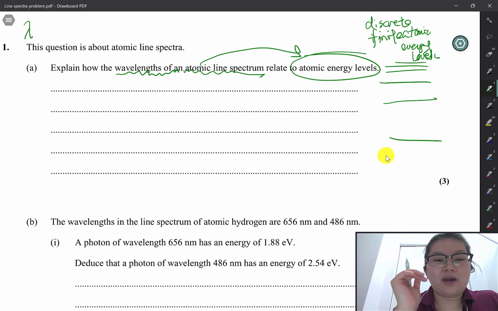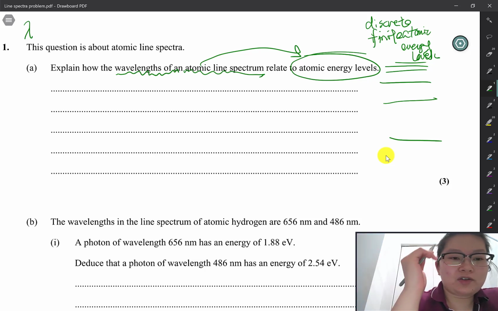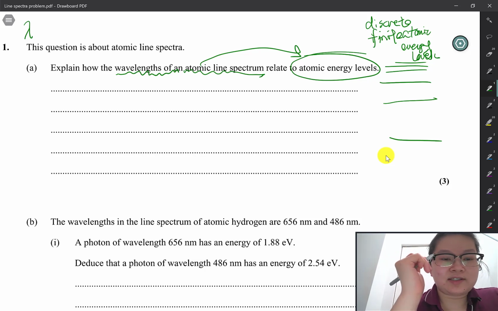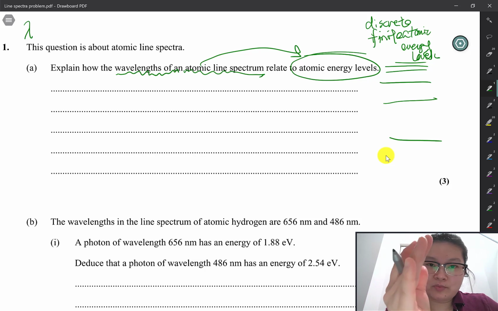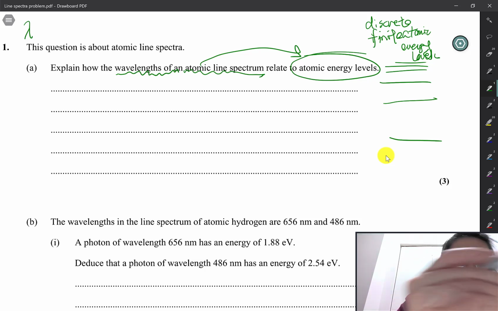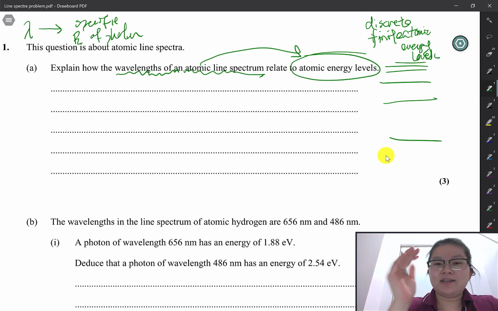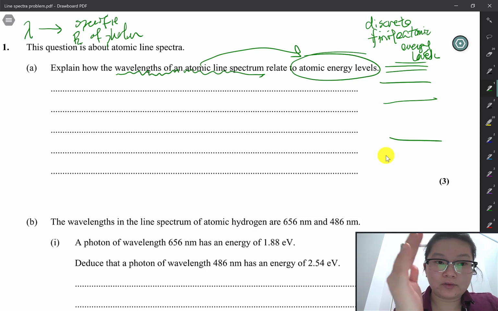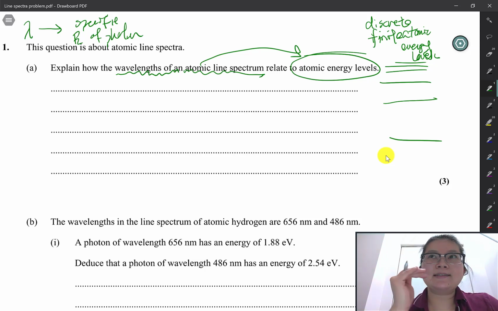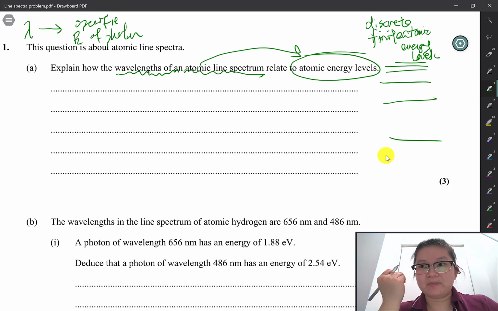So for wavelengths, how to approach this is that we know specific wavelengths correspond to specific energies of a photon. If the atomic line spectrum only has certain wavelengths being shown, it means there are only specific energies of photons emitted from a particular sample.